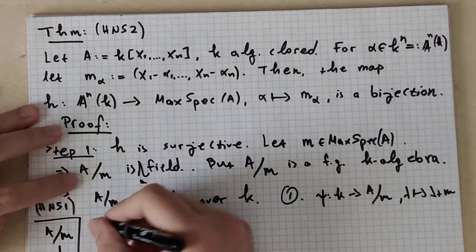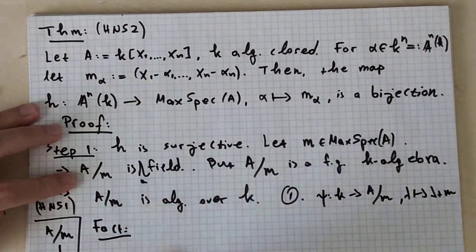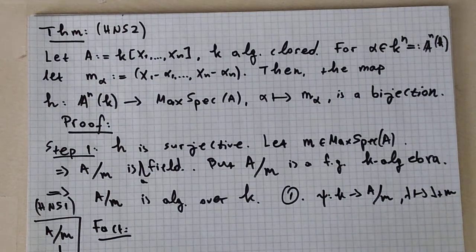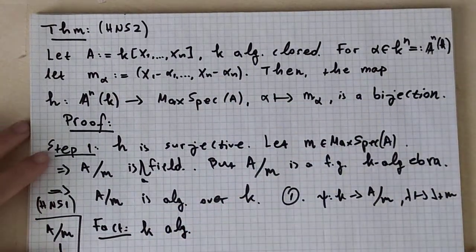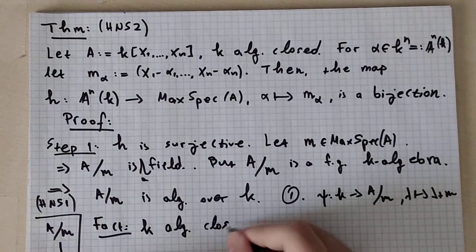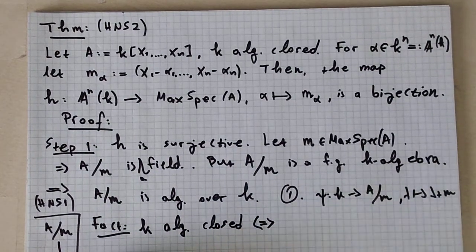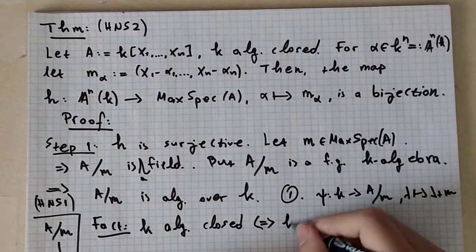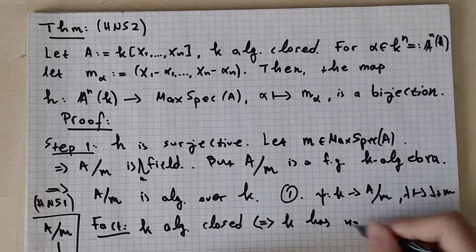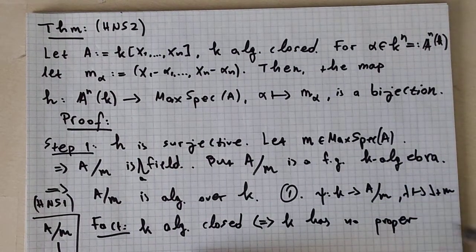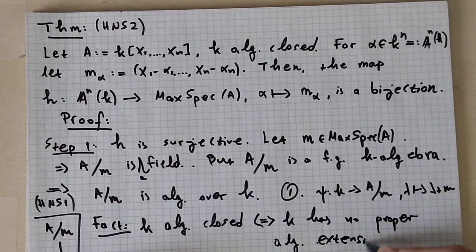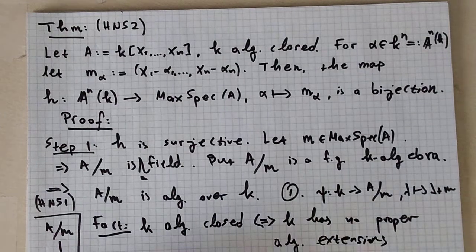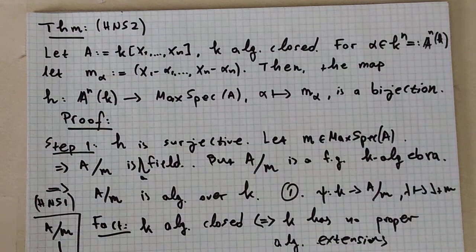Okay, but now let me remind you of the following fact, that we assume that K is algebraically closed. But this is equivalent to the following. K has no proper algebraic extensions, right?